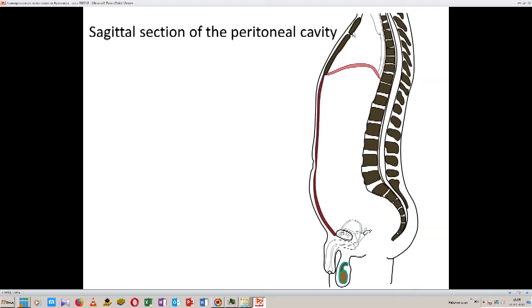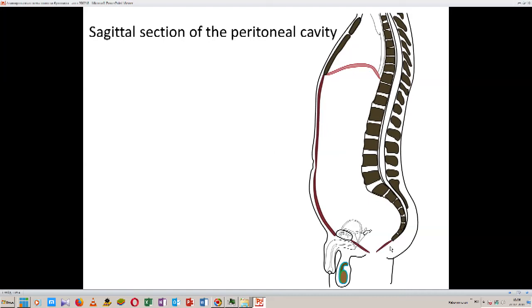That means the general cavity of the body by means of the diaphragm is divided into two separate cavities, abdominal and thoracic cavity. And now, what is now? The inferior wall.